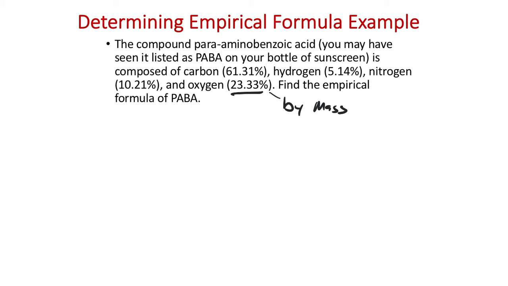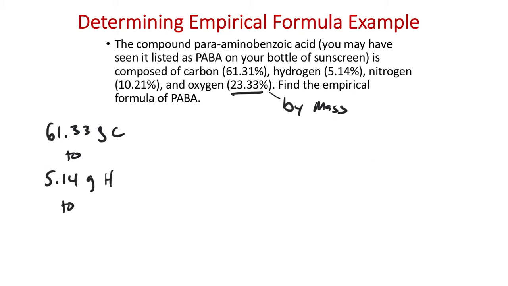And so our goal here is going to be to take some ratio of masses for this compound that are equal to the percent masses that are given. So often in these problems, you start with 61.33 grams of carbon, because we know that would be in ratio to 5.14 grams of hydrogen.